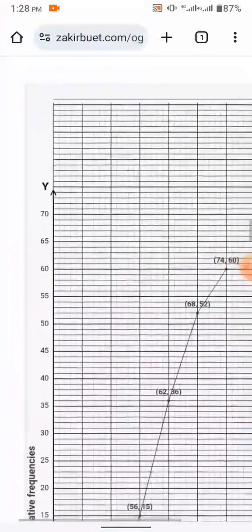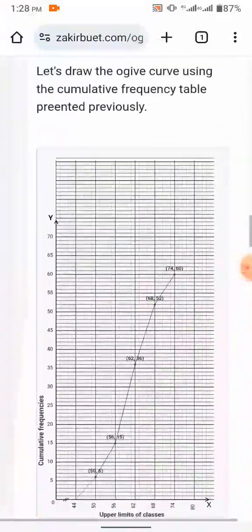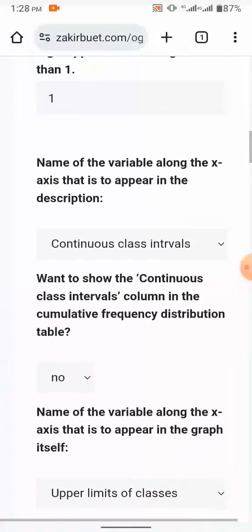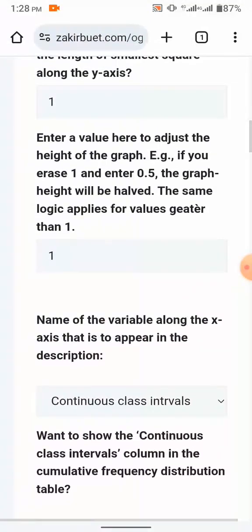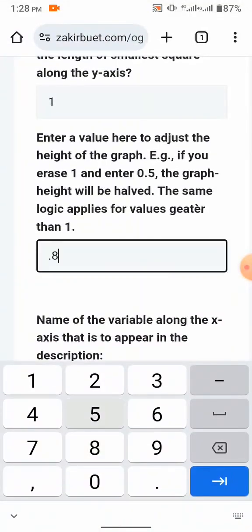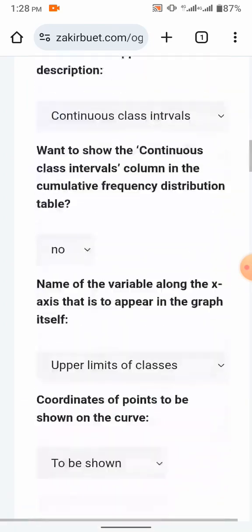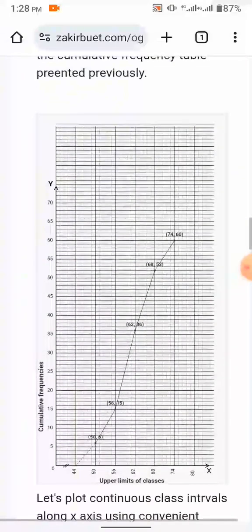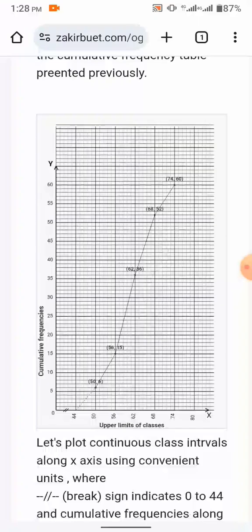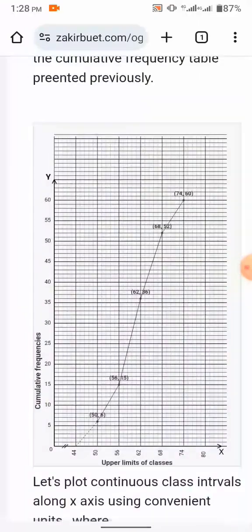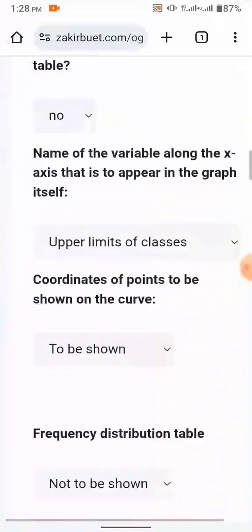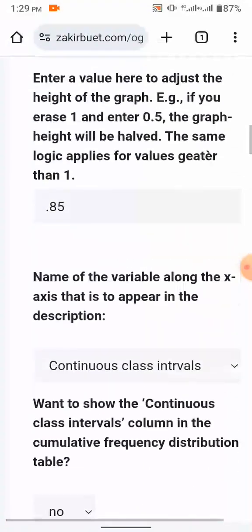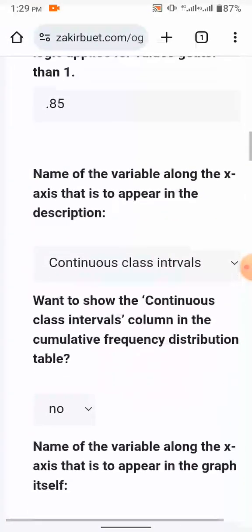If you think it is too tall, then you can choose 0.9 or maybe 0.85 instead of 1. In that case, the height decreases by 15%. You click or tap on the graph and here you find it, the height has definitely diminished.